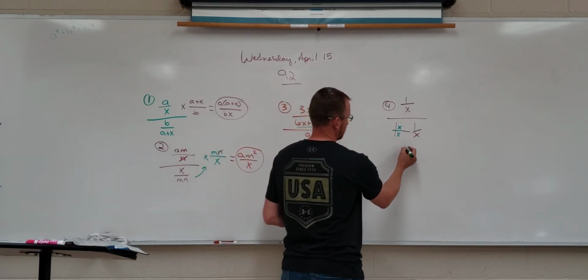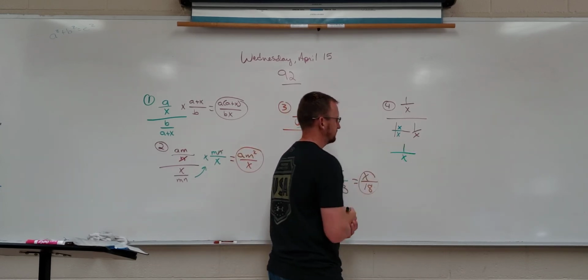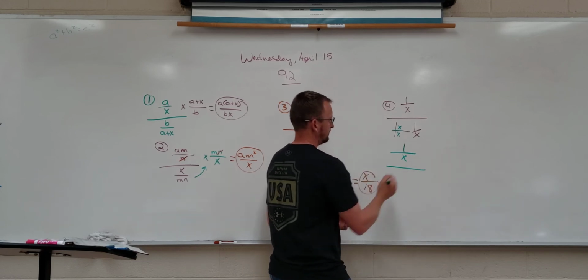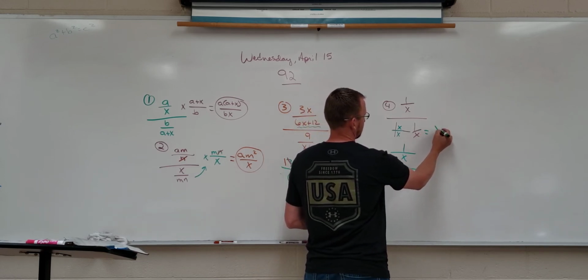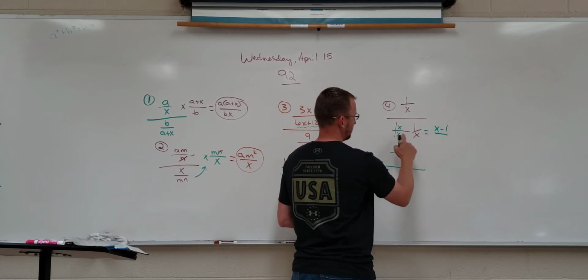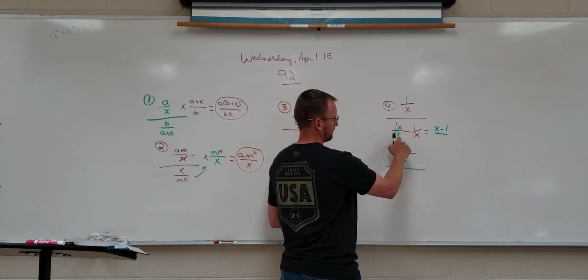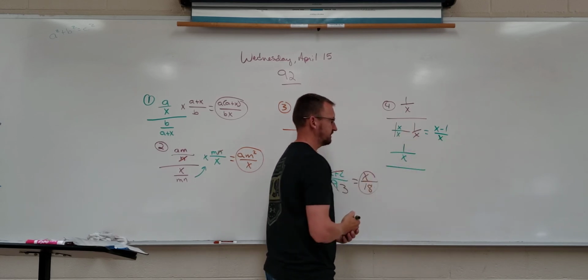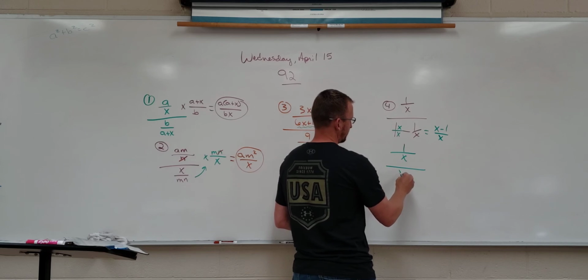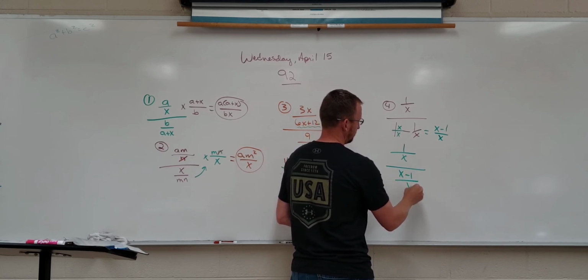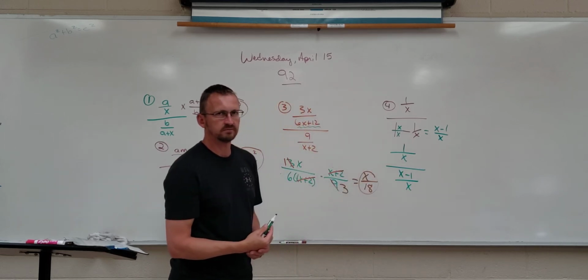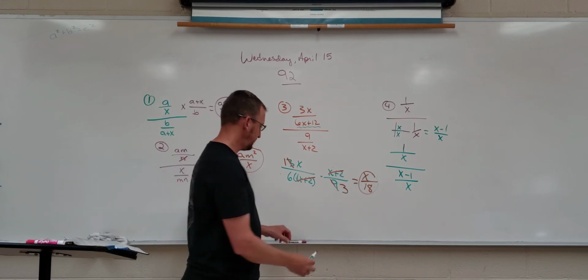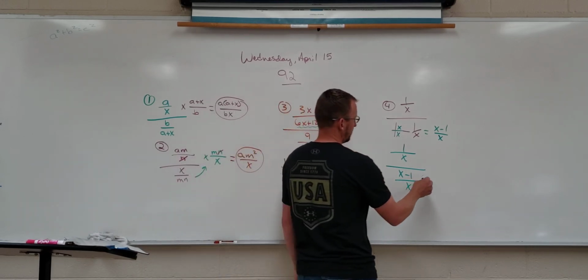So if we rewrite this, we have 1 over x divided by, this has turned into x minus 1, common denominator of x. So it becomes x minus 1 over x. Now, invert and multiply.